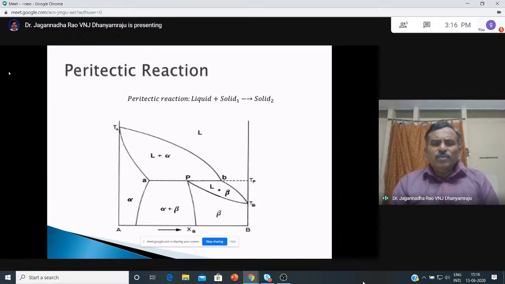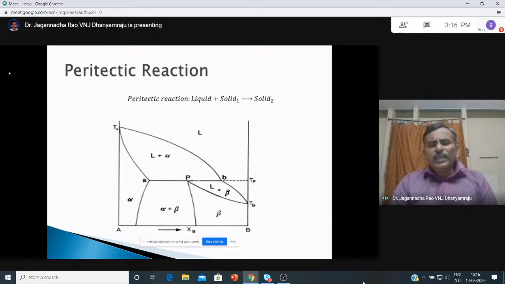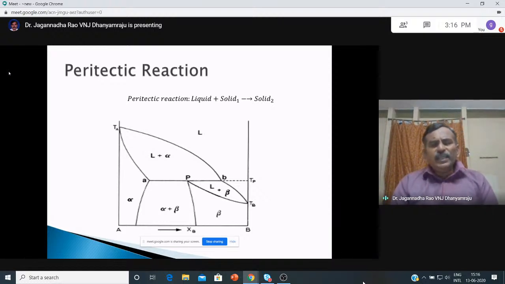So these are the various regions present in this diagram. Here at point P, the peritectic reaction is occurring. So here the liquid and the alpha combine to form beta. So that is a peritectic reaction.